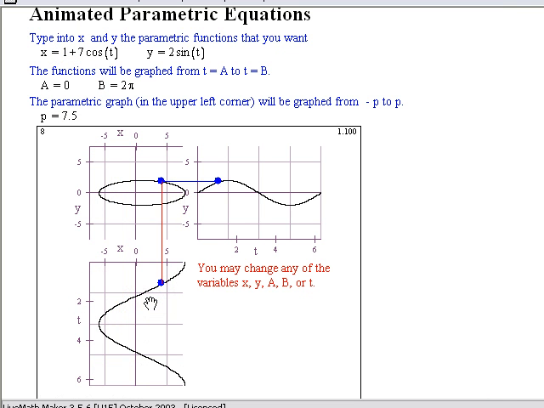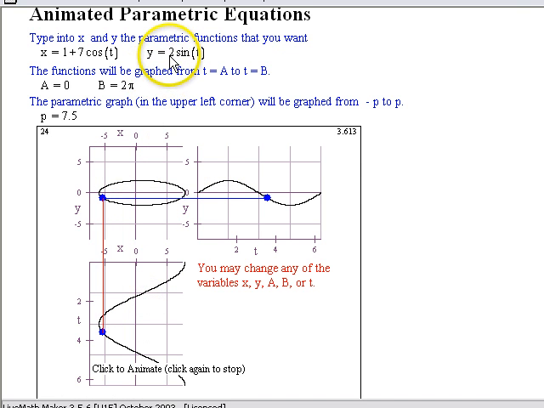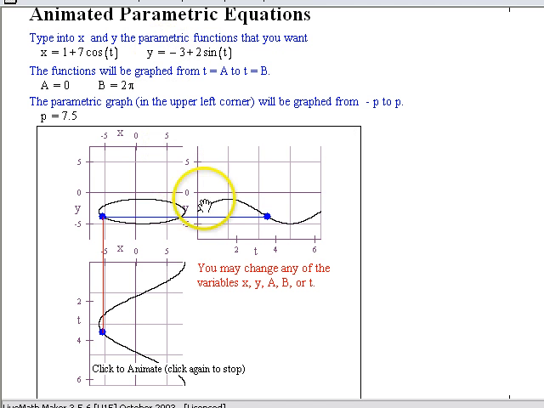Right? You want to change the y-coordinate of the center? Well, add it on to whatever you had here. So let's shift it down 3. The center now of the y's is at -3, with amplitude 2, it goes up to -1 and down to -5.